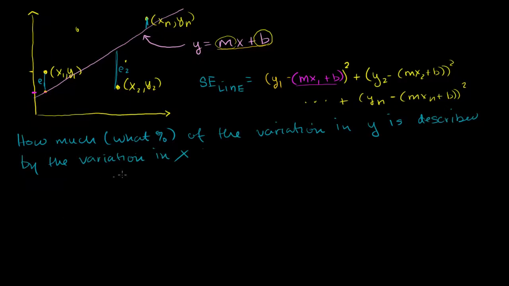And so let's think about this. How much of the total variation in y? There's obviously variation in y. This y value is over here. This point's y value is over here. There's clearly a bunch of variation in the y. But how much of that is essentially described by the variation in x, or described by the line?